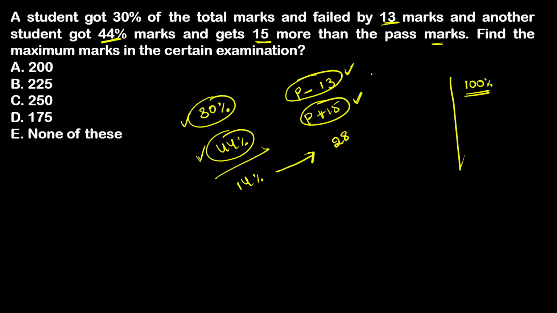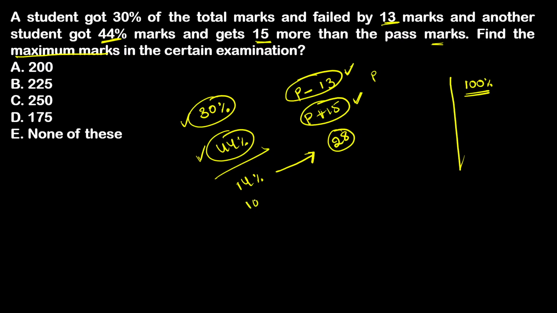The first person got 30 percentage of the total and 13 less than the pass marks. The second person got 44% of the total and 15 more than the pass marks. When you consider pass marks as the base value, the first one got 13 less than that, the second one got 15 more than that. So the difference between these two is 28, and the difference between the percentages is 14. If 14 percentage is 28, then you are expected to find the maximum marks.